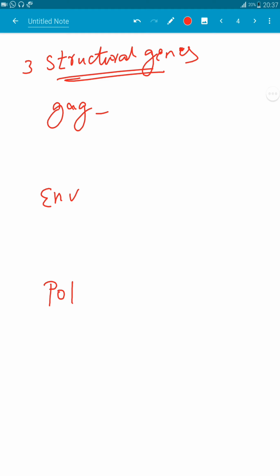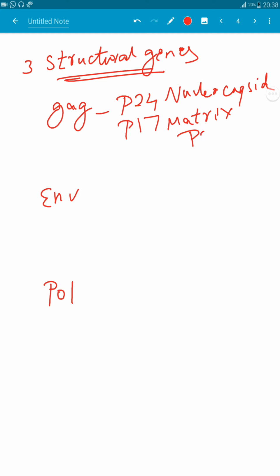GAG has P24 nucleocapsid and P17 matrix protein. These are the structures which help in the invasion of the virus, and we will discuss them in pharmacology also. ENV has GP160 protein, and POL is the polymerase enzyme.